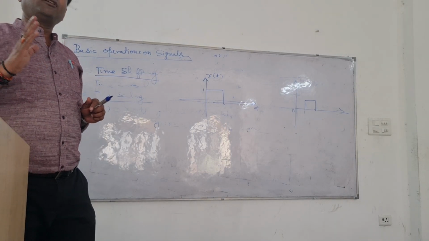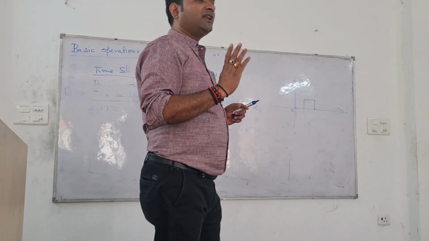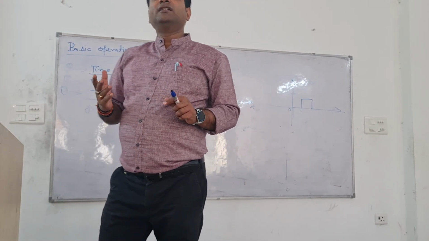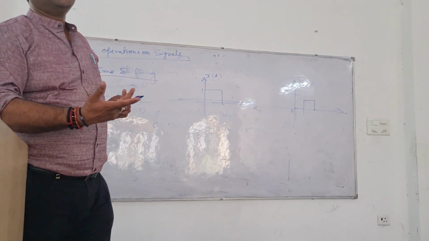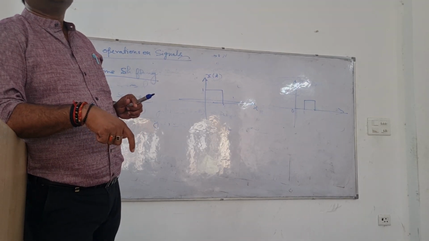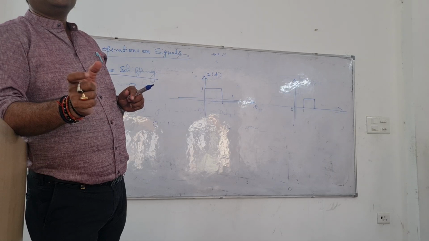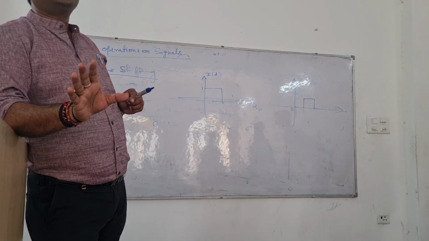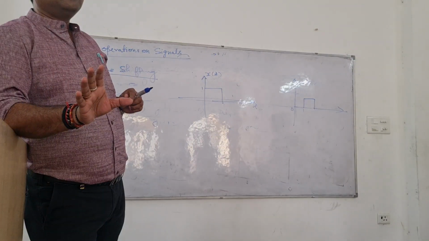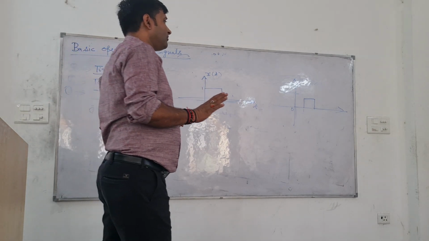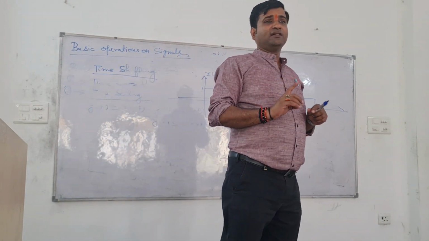There are various types of counters: ripple counter, ring counter, Johnson counter. These are the class of sequential circuits. That's why I have taken the counter example. These are the basic phenomena of the delaying element.